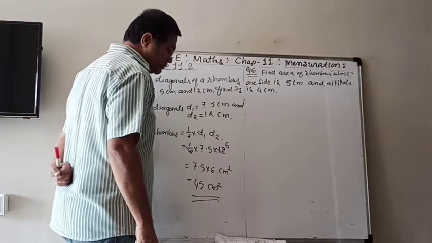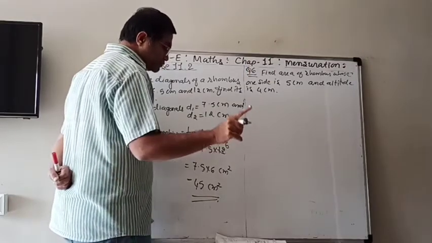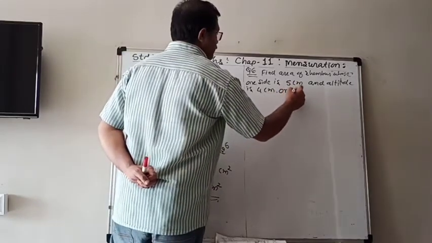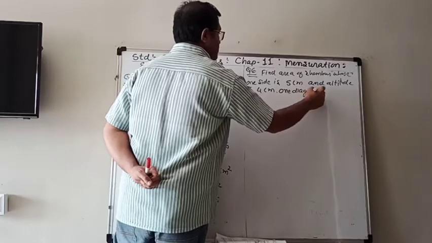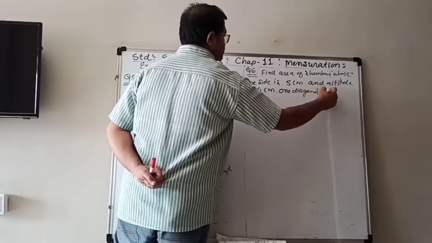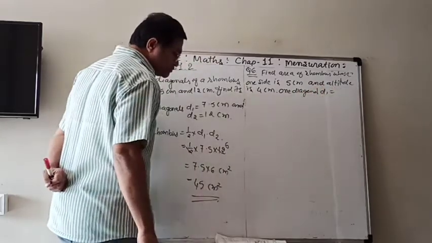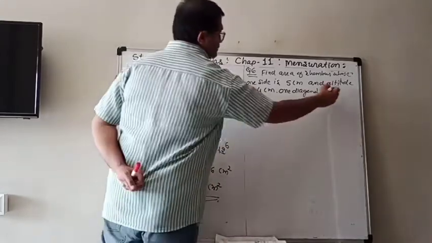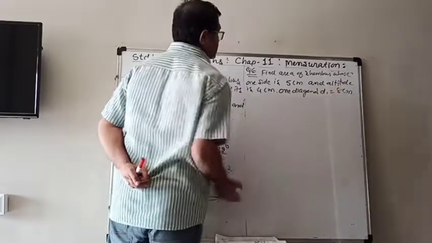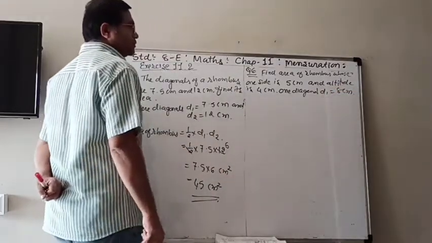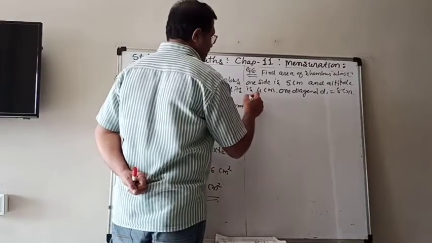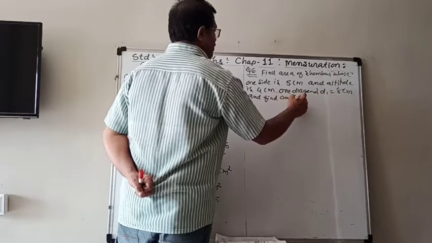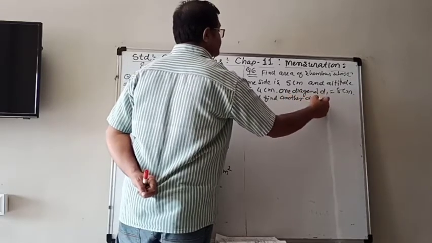Now one of the diagonals is also given. One diagonal, that means d1, is given. How much? d1 given is 8 centimeter and we have to find another diagonal d2 also.